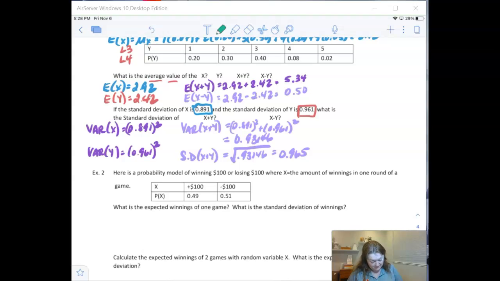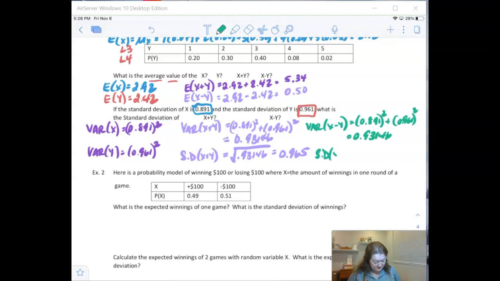So if I want to find out what the variance is of X minus Y, I'm going to start out with 0.891 squared and 0.961 squared, and I'm going to add. Not subtract, add. All variances always get added together, never subtract. So it looks identical. It's the exact same problem that we just did, 0.93146. The standard deviation of X minus Y is also going to be 0.965.